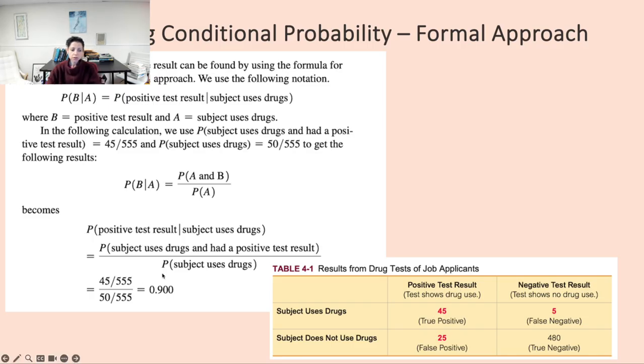So what we have here is 45. These are the subjects that use drugs over 555. So that's the total in the study, and then total people who use drugs was 45 plus 5. So that's 50 over 555. And that gives us 0.900.